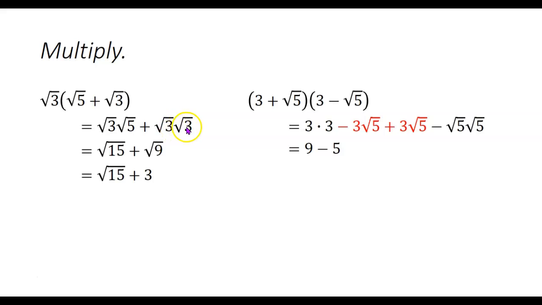Just like the square root of 3 squared was 3, the square root of 5 squared is 5. Notice we didn't have the square root of 3, we just had 3. And when we squared 3 or multiplied it by itself, we got 9. This was not 5, this was the square root of 5, so when we squared it, we got 5. And finally, 9 minus 5 is 4. So we ended up with 4.